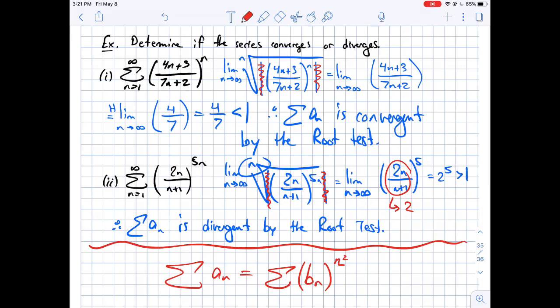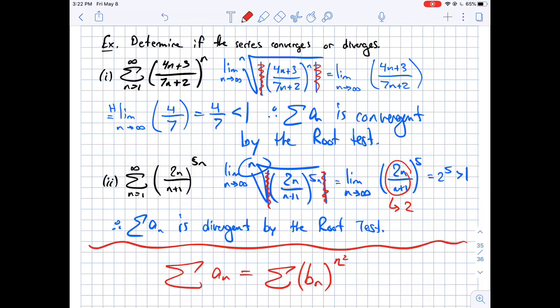So now we have looked at all of the tests, starting with the nth term test, then the integral test, the two comparison tests, and now the ratio and the root test. The difficulty now is, if you are not given the test to use, how do you know which test to use? You have to do some practice and go back.